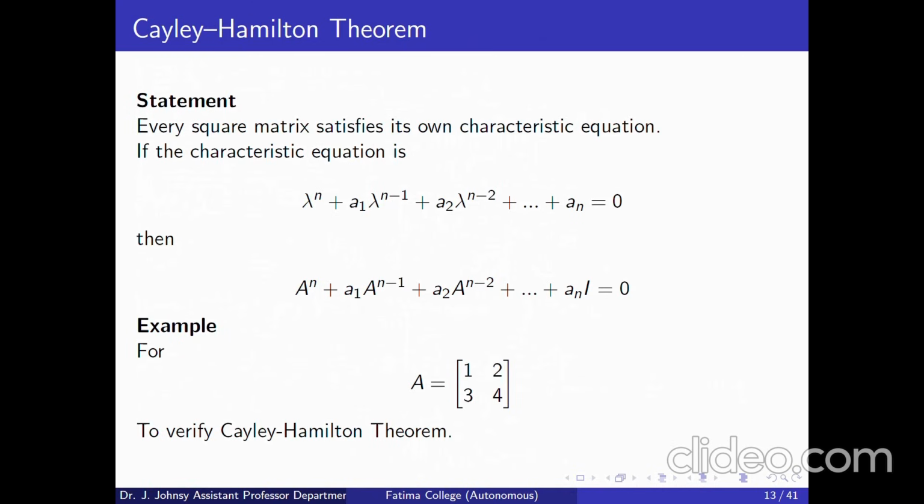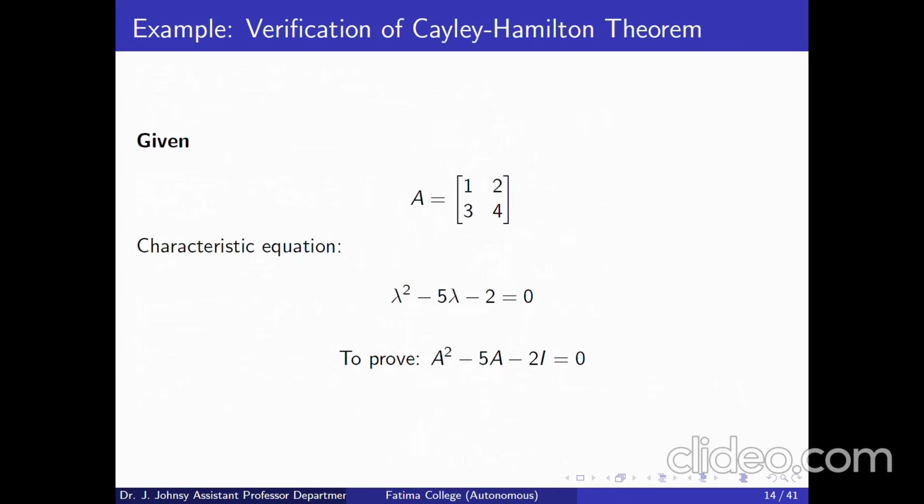Consider the matrix 1, 2, 3, 4 to verify Cayley-Hamilton theorem. The characteristic equation of the given matrix is lambda square minus 5 lambda minus 2 equal to 0, using determinant of A minus lambda I equal to 0.